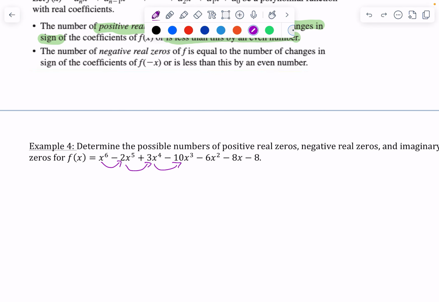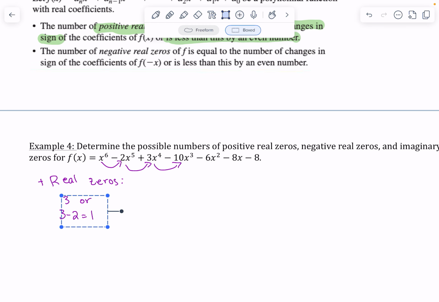And then the signs don't change again because the rest of them are all negative. So that means for the number of positive real zeros, we could have 3, or just keep subtracting by 2 until you can't anymore. We could have 3 or 1 in this case, okay?